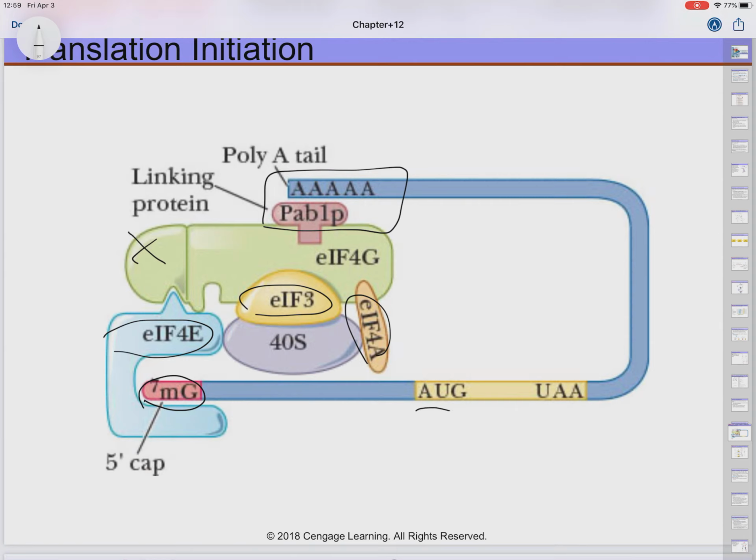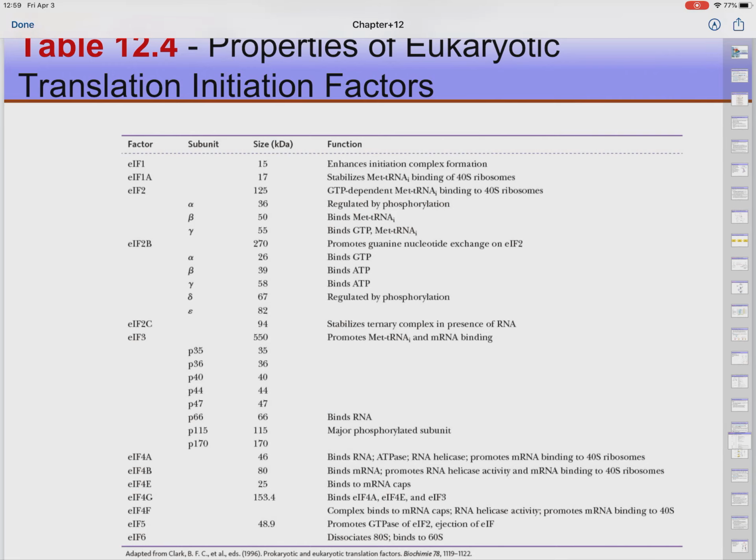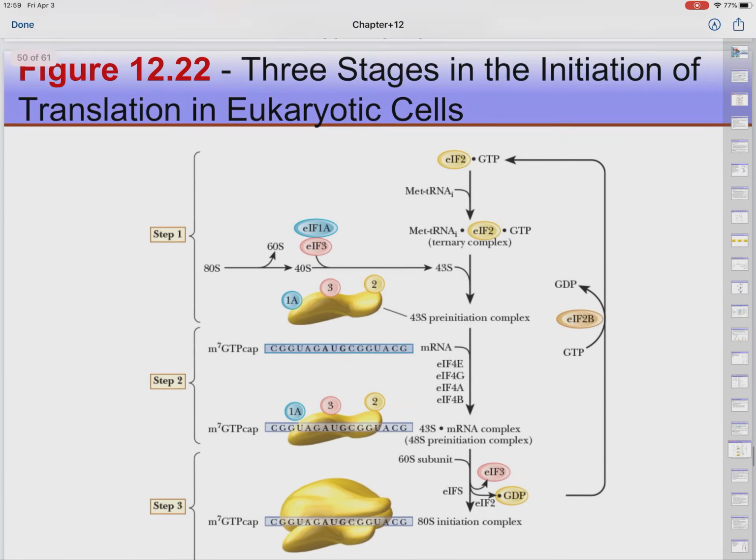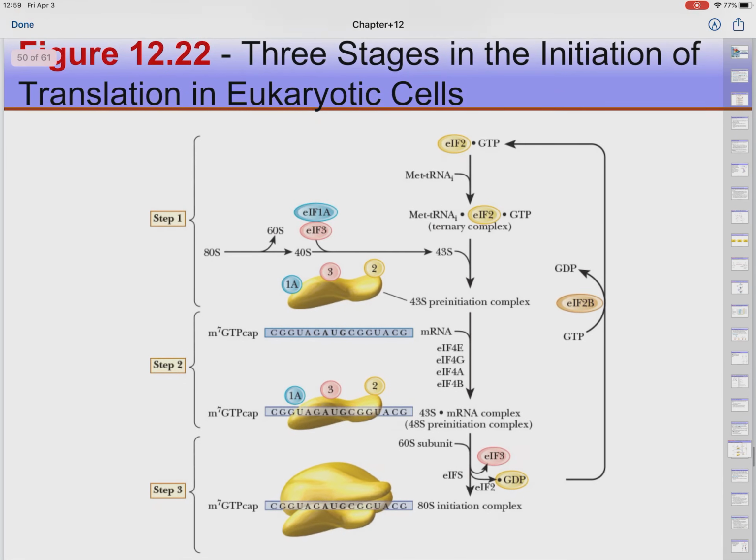Here you see those many other initiation factors and which subunit they're in and what job they facilitate. There are 3 stages in the initiation. So these are those stages. Step 1 is forming that small complex.